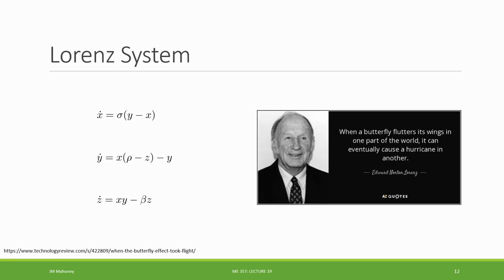And like any other ordinary differential equation, if you knew the initial conditions, you could then solve it going forward. So he was working with a particular set of initial conditions and the equations, and this was in the early days of computers. So he put the initial conditions into the computer and let it run.